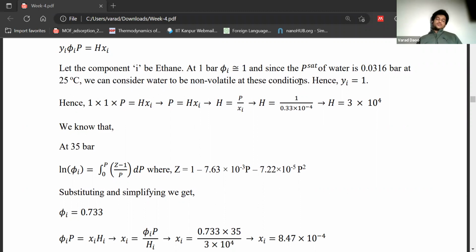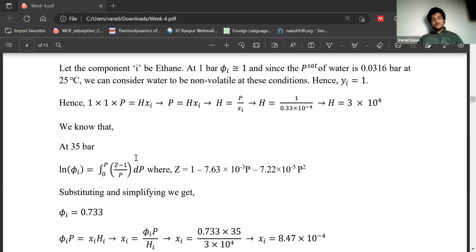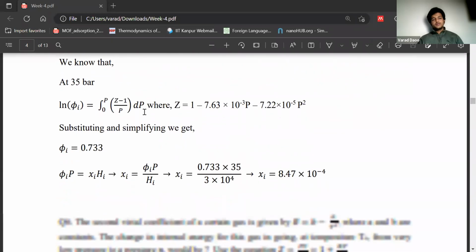And for those for whom everything is clear and who would like to write the solution, I'll give you a couple of minutes to write as well. Nobody has any question. I don't see any question in the chat box also. So I hope the solution is clear to everyone. I'll give you 2 minutes to write.